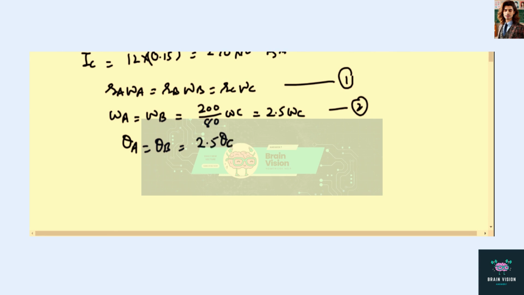Now the kinetic energy we will calculate by the formula T is equal to half I omega square.